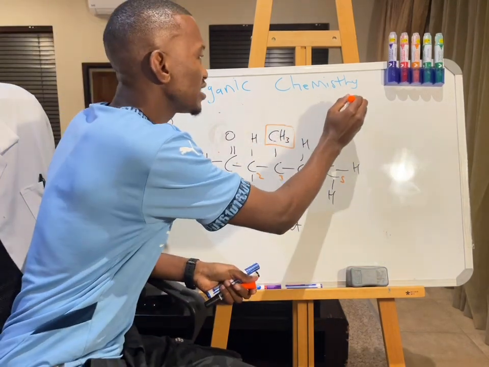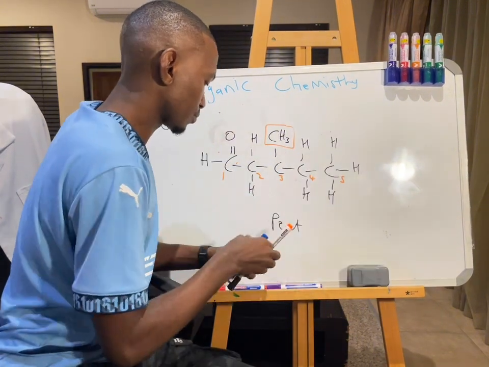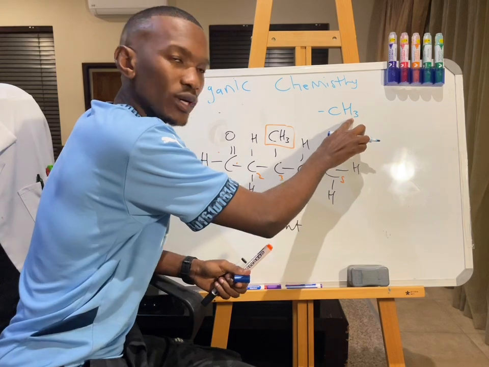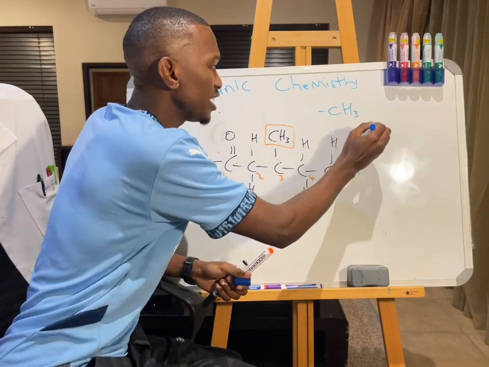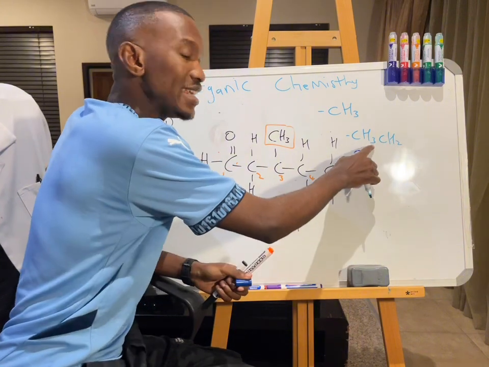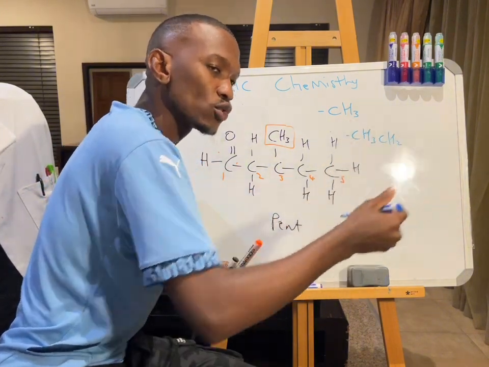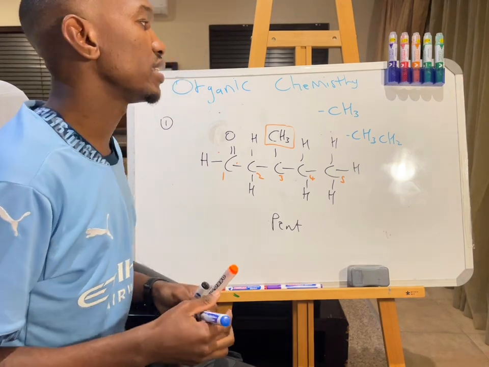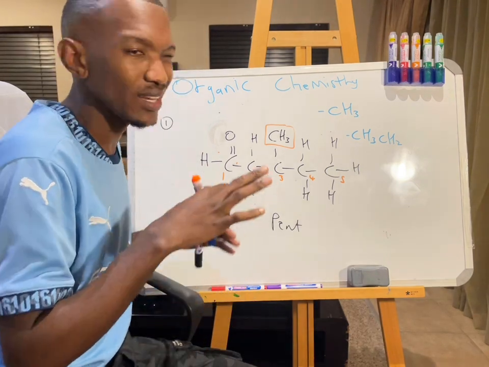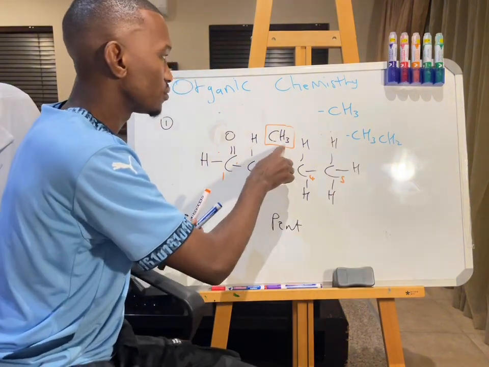If there is one CH3, that's what we call methyl. CH3CH2 is an ethyl group. CH3CH2CH2 is a propyl group. They get a branch. Isopropyl and butyl are still there. So there is one, which is this guy.